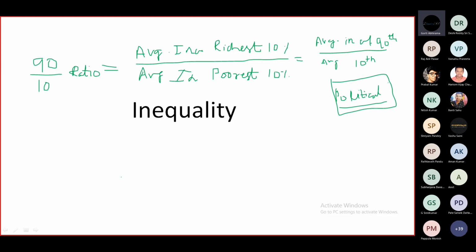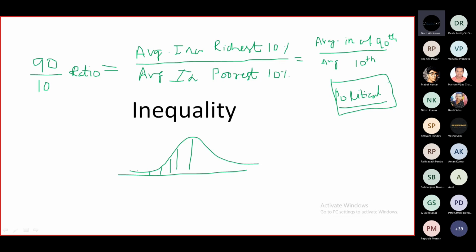Let's say I plot any country's income like this, and then divide this income into 10 groups like this.